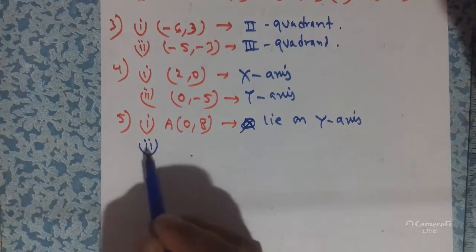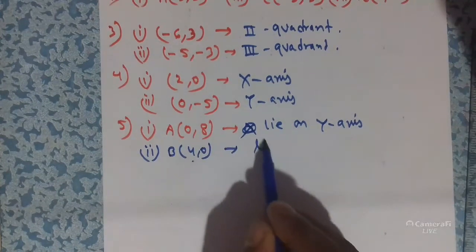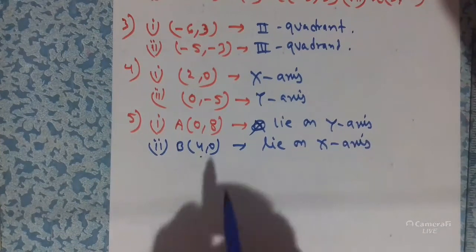And the second one is B (4, 0). So B (4, 0) will lie on the x axis, because here y is 0.